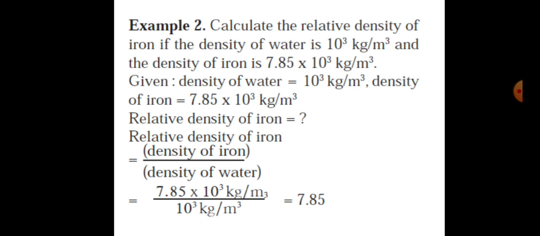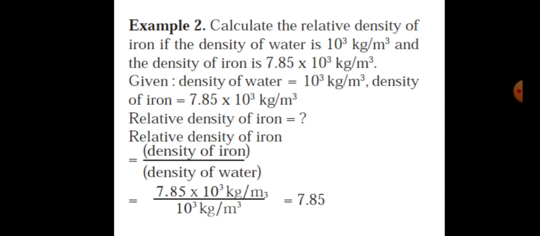We have to calculate relative density of iron. The formula for finding relative density of any object is density of that object divided by density of water. So we will write the formula as relative density of iron is equal to density of iron upon density of water. Put the values and get the answer.